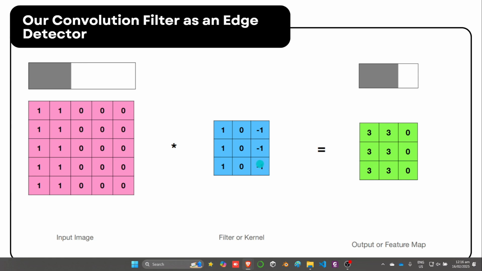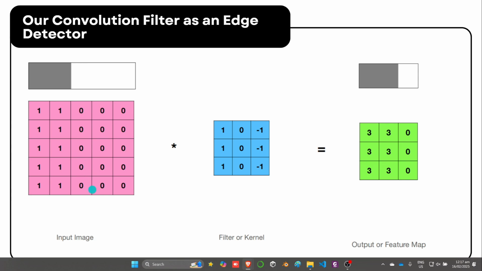So when you multiply this kernel by this image, this image is basically an edge. As you can see, there's a one here, and this one has zero. So it's like an edge here.